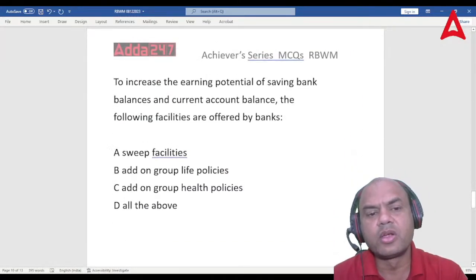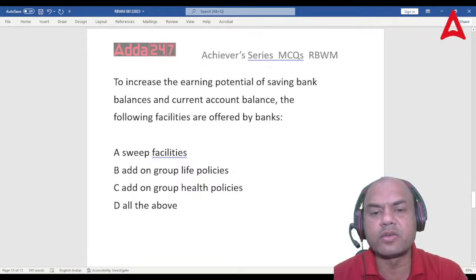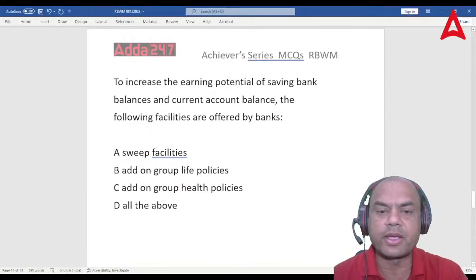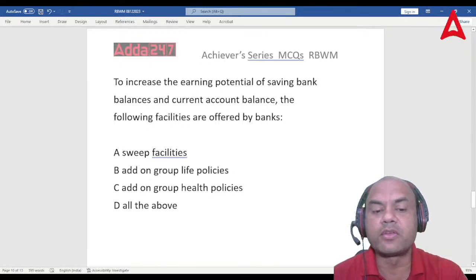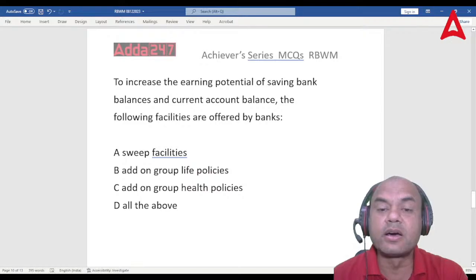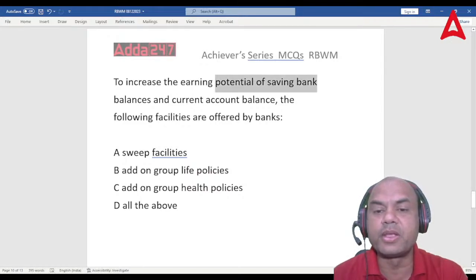Next one. To increase the earning potential of savings bank balances, the following facilities are offered by the banks. So what are the facilities? Sweep, add-on life policies, add-on group health policies, and all of the above. To increase the earning potential of savings bank account means what?